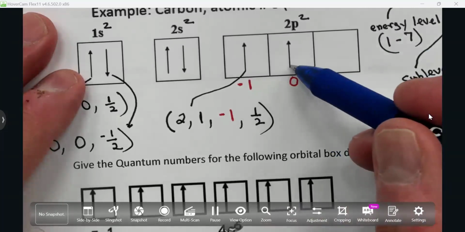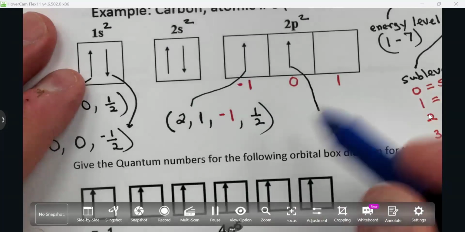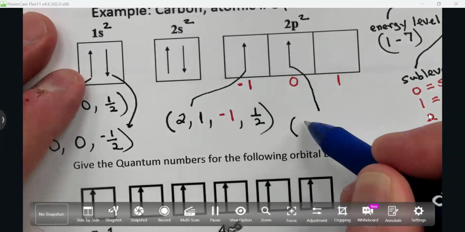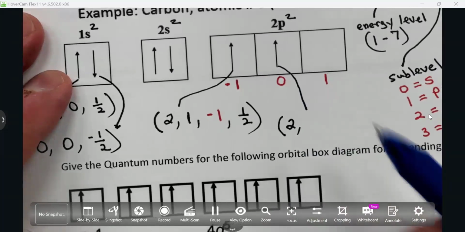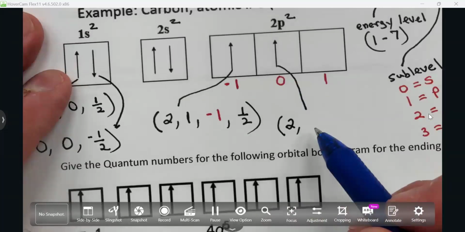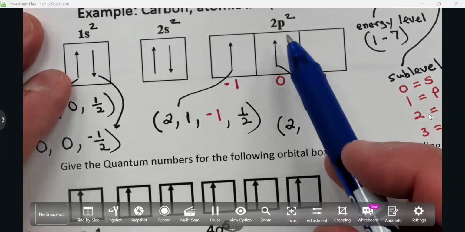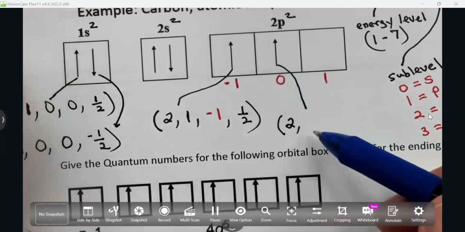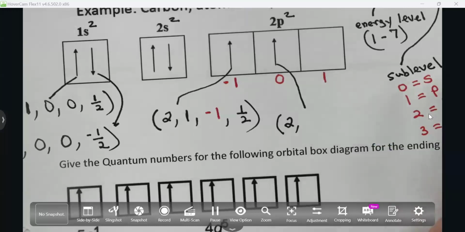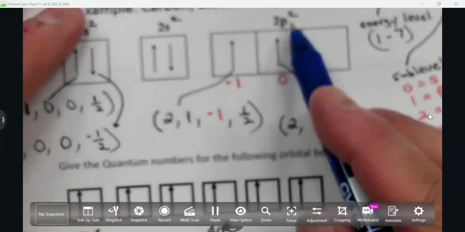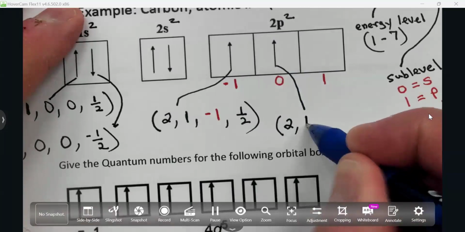This electron right here. Level 2. Next one is a 1 because it's in a P, correct? This second number is locked in. 0 if it's in an S, 1 if it's in a P. It's in a P, so my second number is 1.